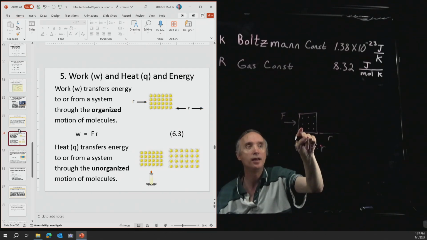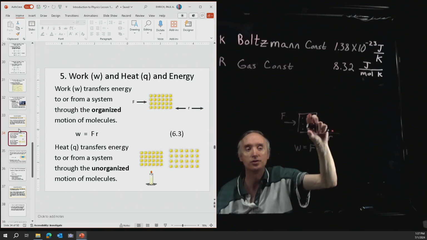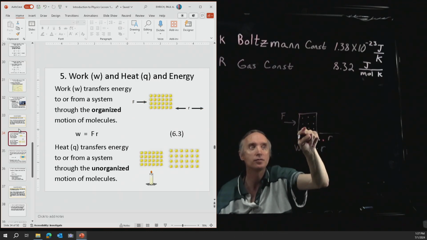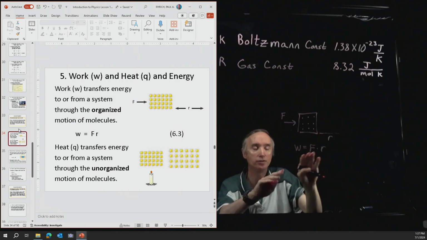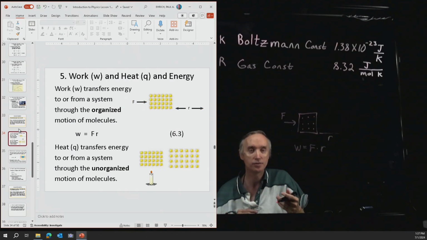Notice that every atom is moving at the same rate, so it's organized. When this thing moves over to here, each of the little atoms is moving in unison. And so work is the organized motion of molecules, and it is given by force multiplied by a distance.